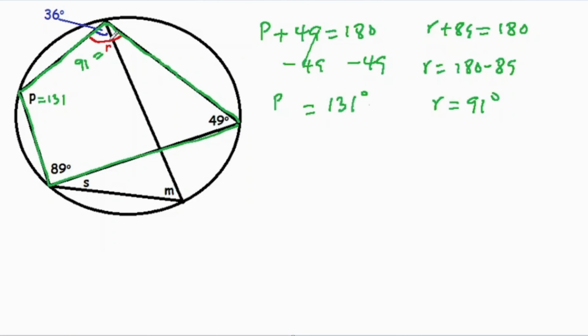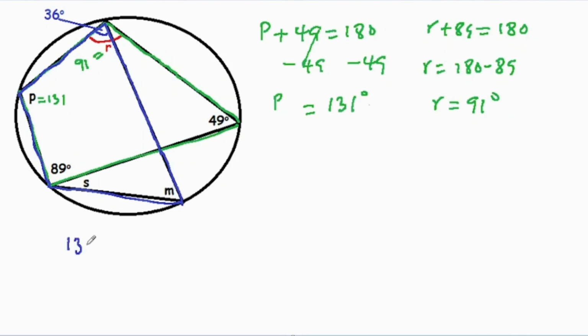Now let's consider the second cyclic quadrilateral. So this time around I'm going to use a blue ink to trace it out. Alright, considering the blue cyclic quadrilateral, you will agree with me that P is opposite M, and P is 131.